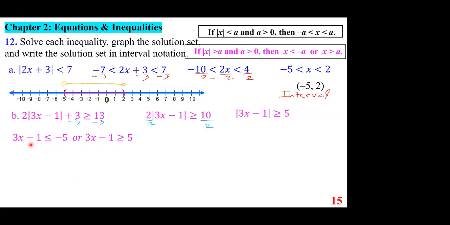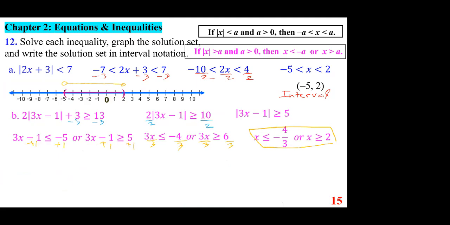Now you are going to simplify by adding 1. We're going to add 1. And then we're going to divide by 3. And this is the inequality solution.